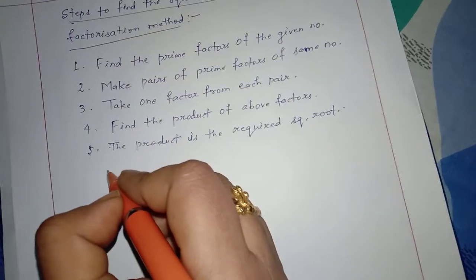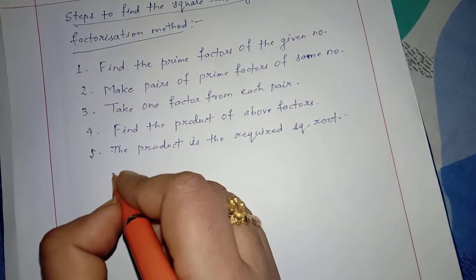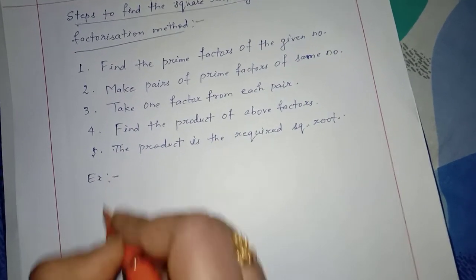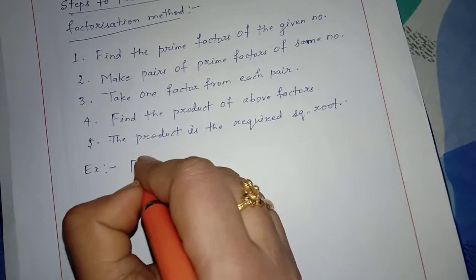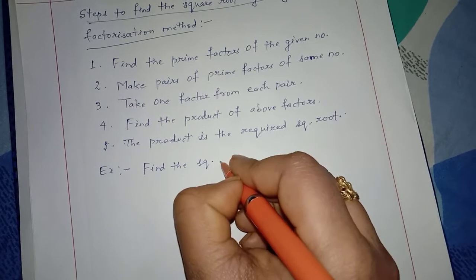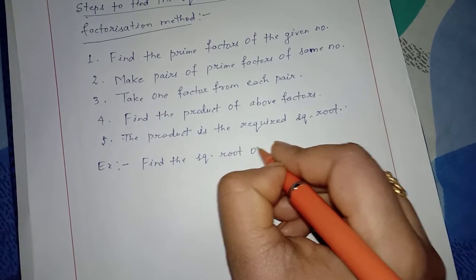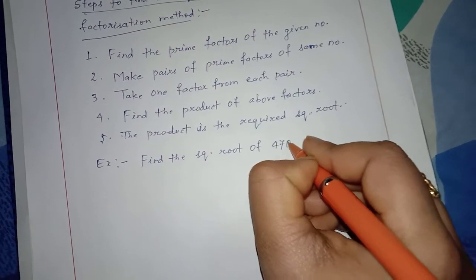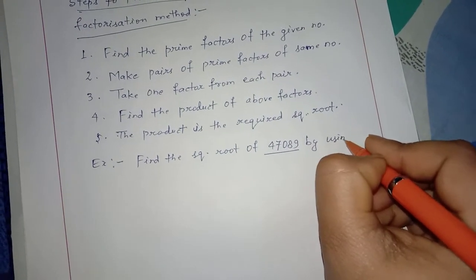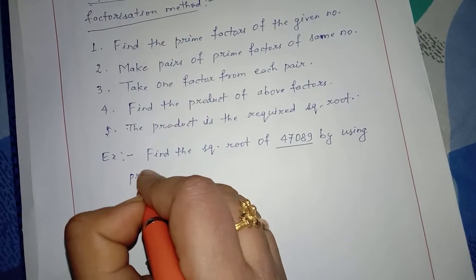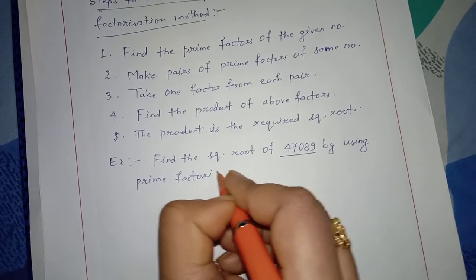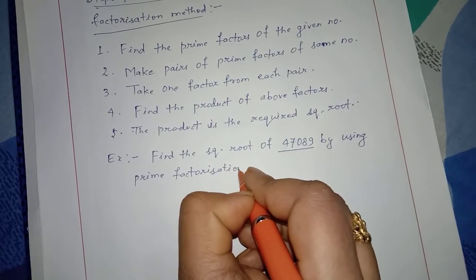Now here I will describe one example. Find the square root of 47,089 by using the prime factorization method.